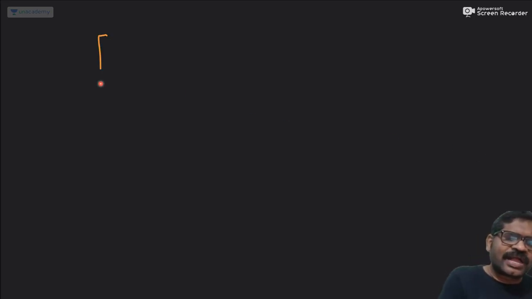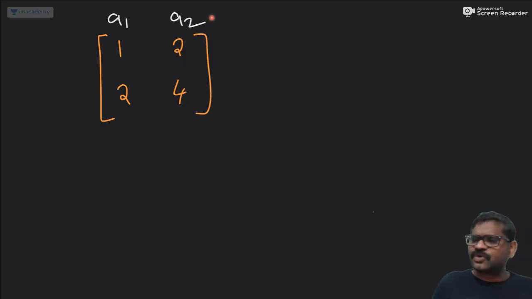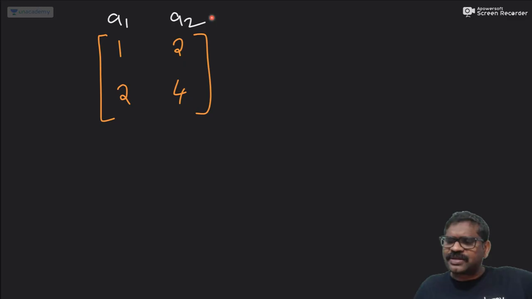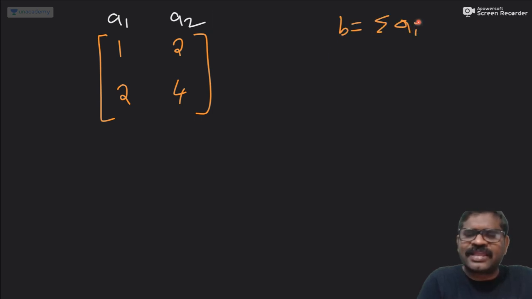Now, observe, one vector is (1, 2). This is called A1. (2, 4) is A2. Now, B is sigma Ai.